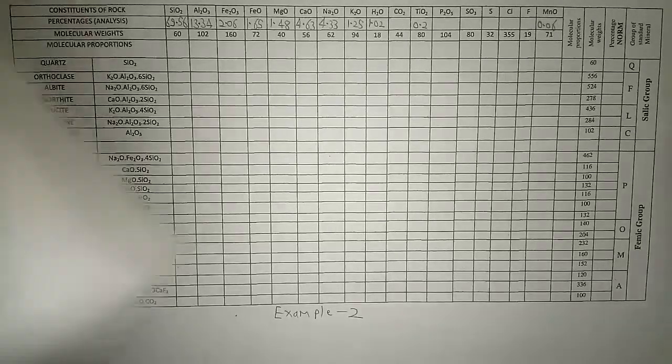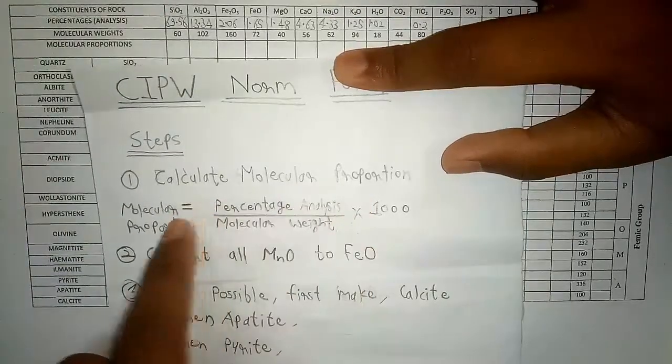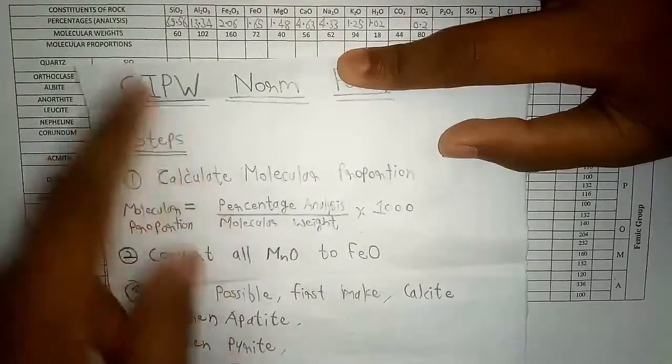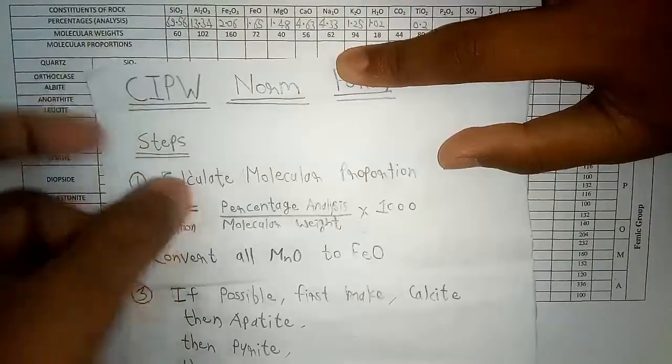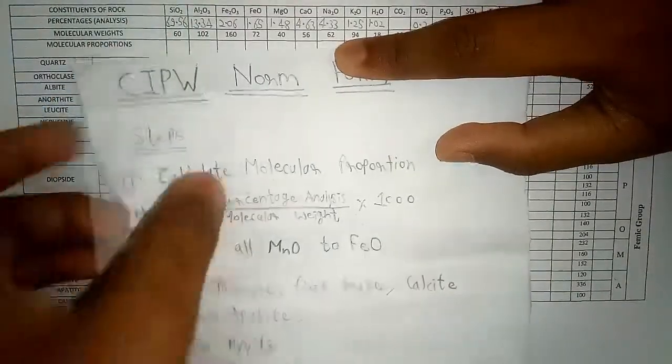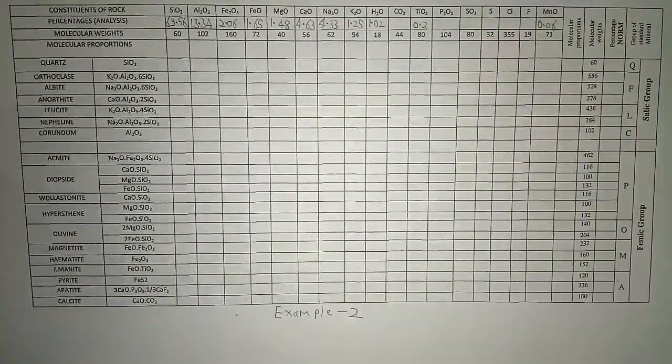So our first step is calculating molecular proportion, that is, molecular proportion equals percentage analysis divided by molecular weight times 1000. Using this formula I have found the values so that our time will be saved.